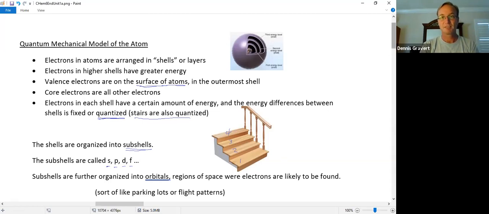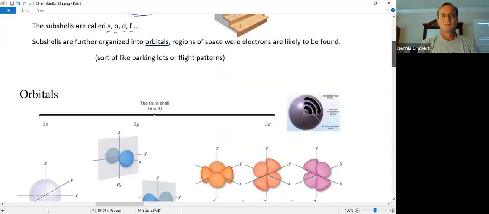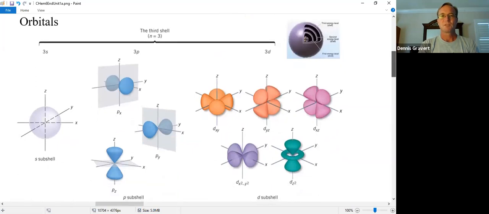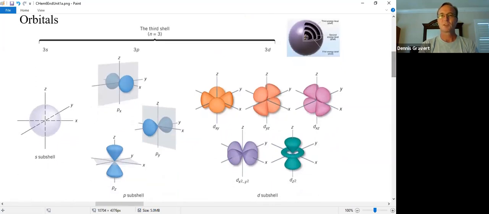And finally, within the subshells, you can actually talk about orbitals. So here we go. I'm visual. This is going to help many of you who are also visual learners. If you look at the 3rd shell, the 3rd shell can be broken up into the S subshell. And what does that look like? Well, that looks like a sphere, a ball. The nucleus is at the center here.